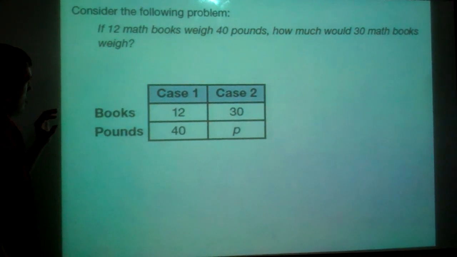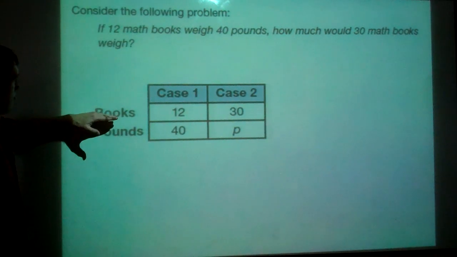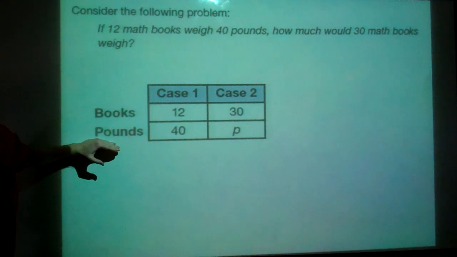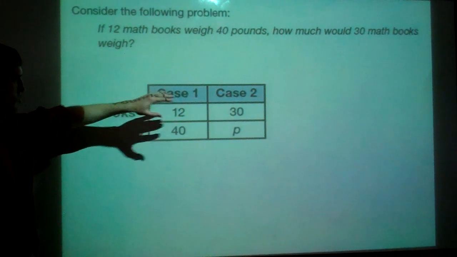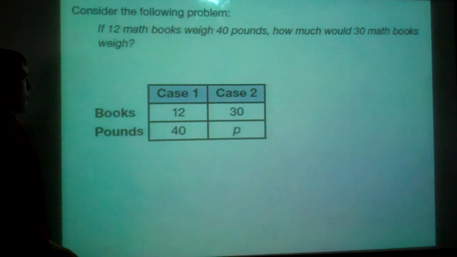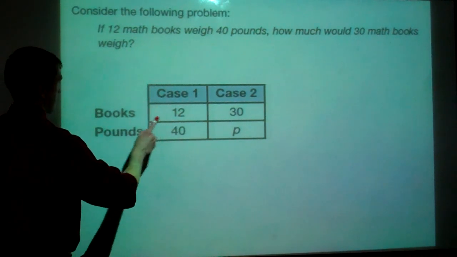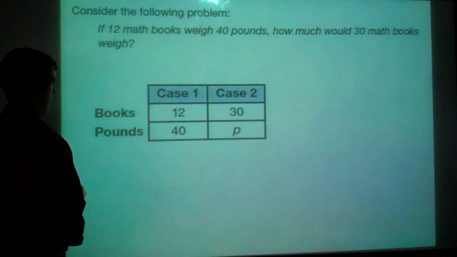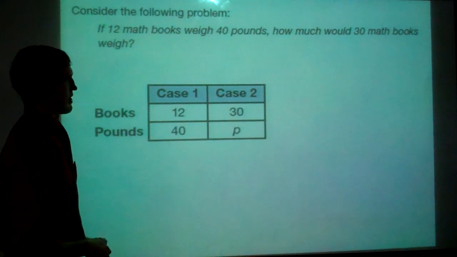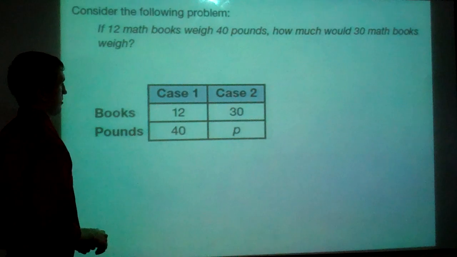Okay, so we want our topics on the side. We have books and pounds, the two things that we're relating to each other. And we have case 1 and case 2. In the first case, we have 12 math books that weigh 40 pounds altogether. And in the second case, they're asking us, how much would 30 math books weigh then?